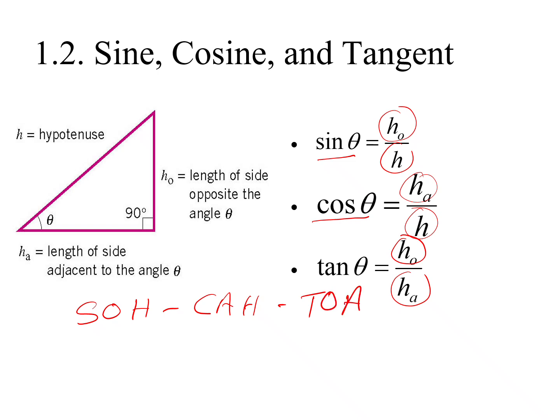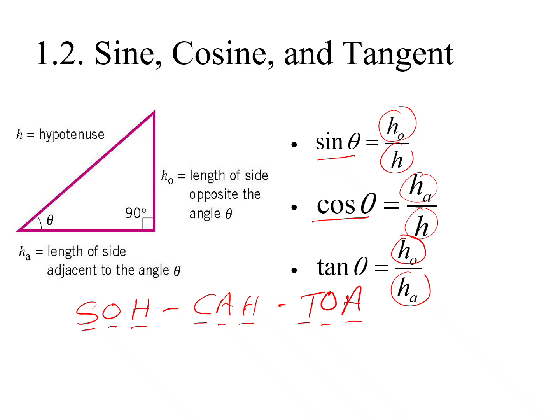If you remember this word, it tells you sine equals opposite over hypotenuse, cosine equals adjacent over hypotenuse, tan equals opposite over adjacent. In physics, we use sine and cosine most often to find components, and we use tan to indicate direction angle.